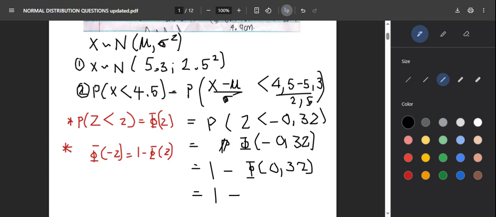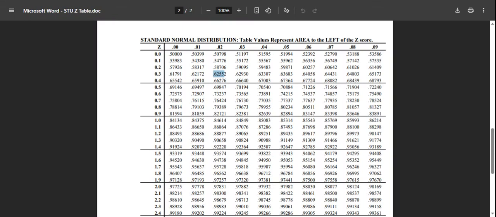Which is equal to 1 minus, now, what is phi of 0.32? This is 0.62552. Let me just take you to the normal distribution table. This is your normal distribution table. We look for 0.32, and 0.32 is 0.62552.